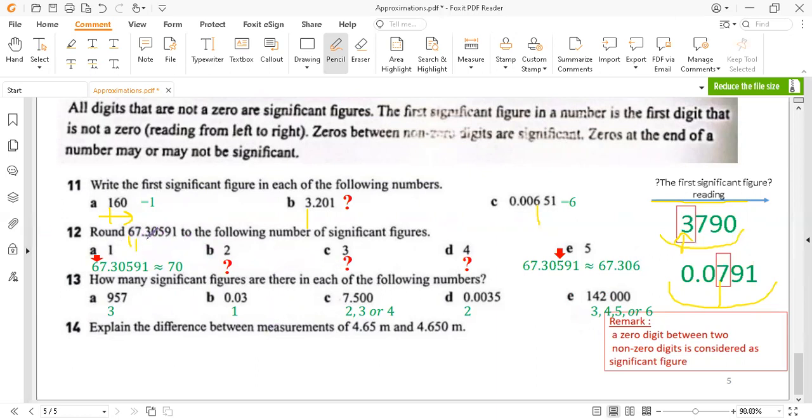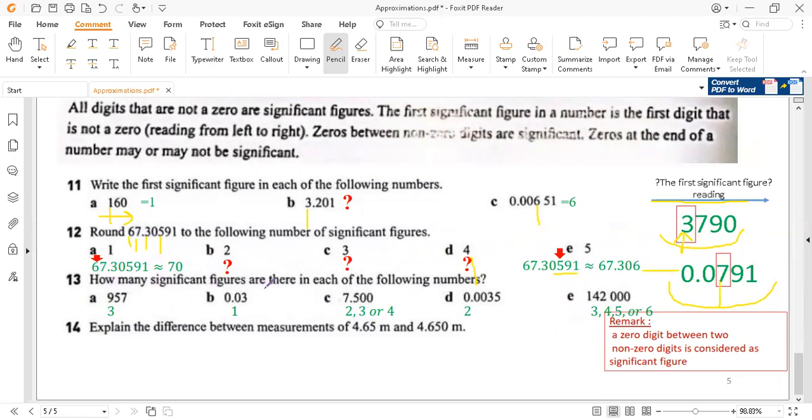Third, for example, to one decimal place, or the second decimal place. 5 is here. If we want to round this one, 9 is greater or equal to 5, so we add 1 to the 5 to obtain 306, and all these zeros, and so on.